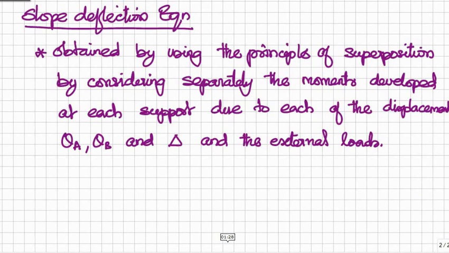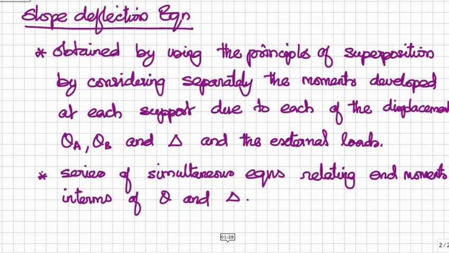Now the slope deflection equation. It is obtained by using the principle of superposition, by considering separately the moments developed at each support due to each of the displacements, that is, slope and deflection at each end, theta A, theta B and delta, and external loads.